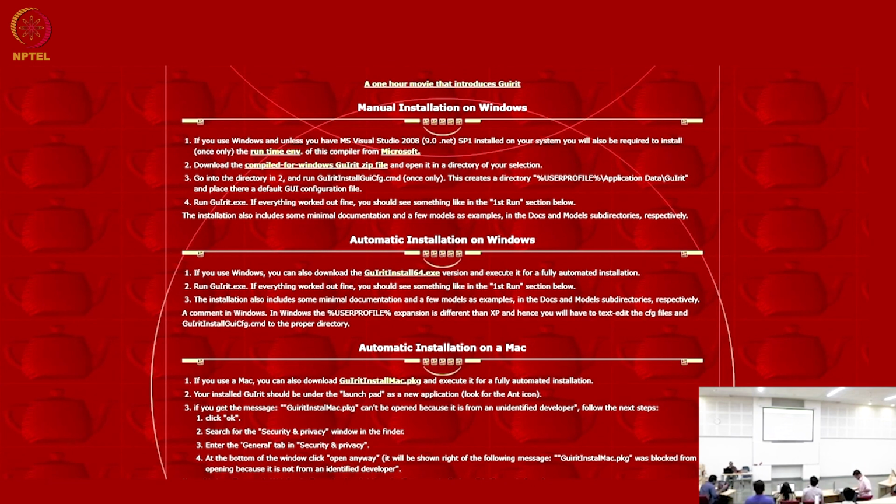So ac.il tells you that it's an institution in Israel, and then you put /~Gershon, or you can just directly go to Google and search for GUIRIT. Basically, it's a graphical user interface for IRIT, which I will try to demo sometime in the afternoon session. It is a little tricky. I think some of the CS guys should be able to pick it up reasonably okay. Other guys may have some difficulties, but this is only a graphical user interface.